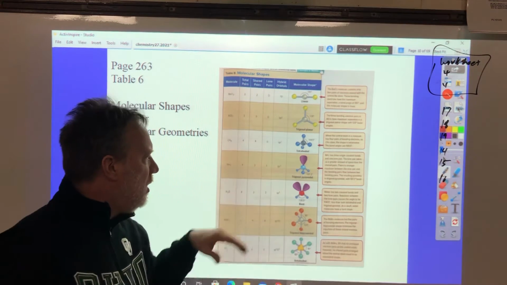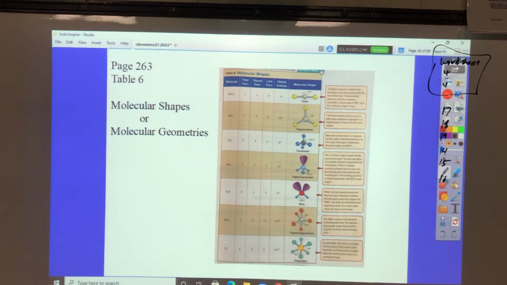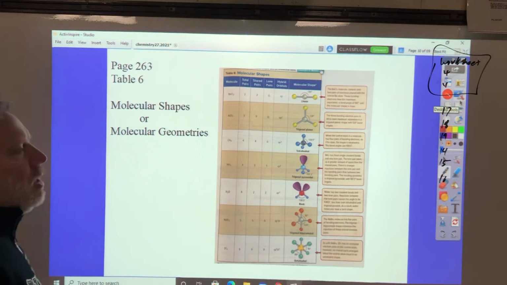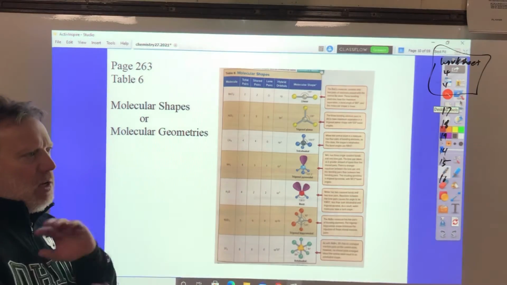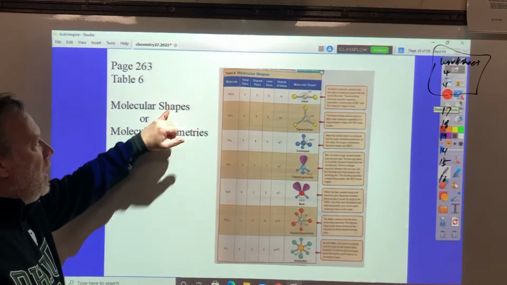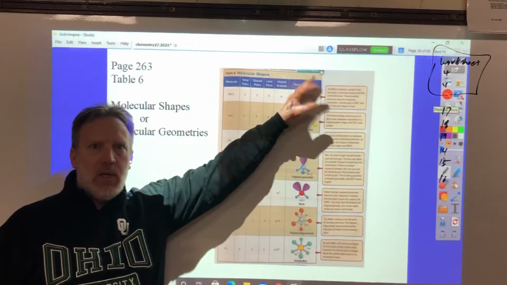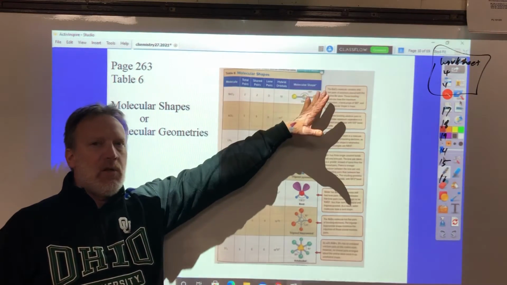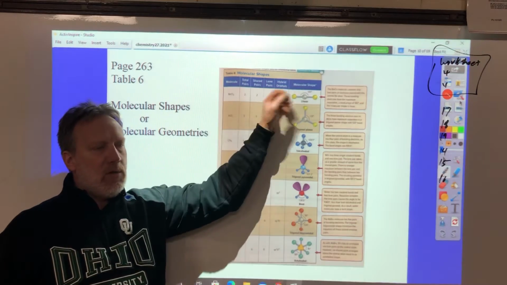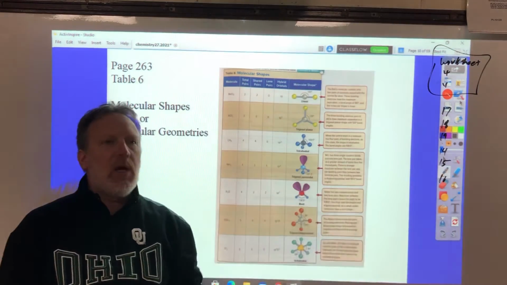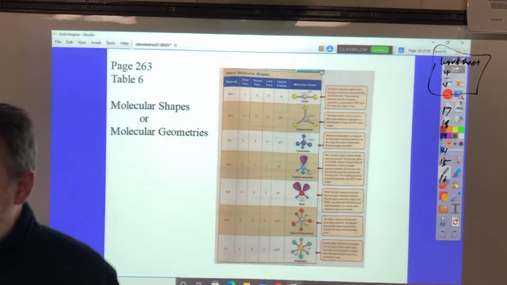The next one we're going to do is water, which is bent. That's the molecular geometry or shape. I was also throwing around the terms molecular geometry and molecular shape without realizing I had told you they mean exactly the same thing. This book uses molecular shapes. Most books use molecular geometry. So when you see that sometime in the future, that's what you already have talked about.